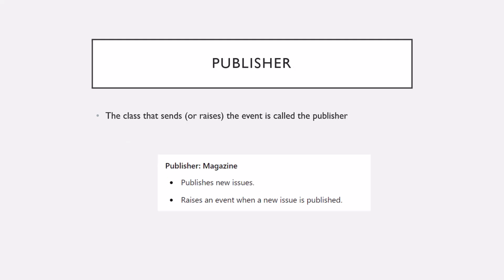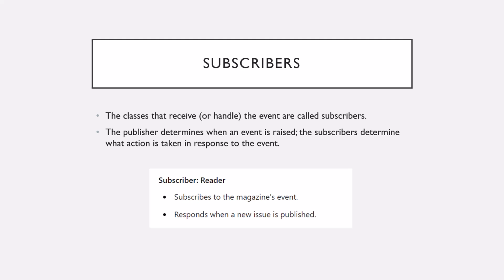In case of the subscriber, the readers sign up for a subscription to receive the monthly magazine. Whenever a new issue is published, it gets delivered to their address. The readers don't need to know how the magazine is created. They just receive it and read it. So this is a simple analogy for the event, the publisher and the subscriber.